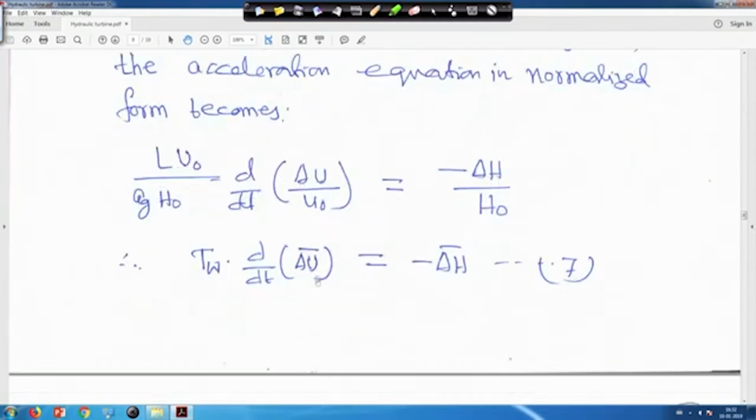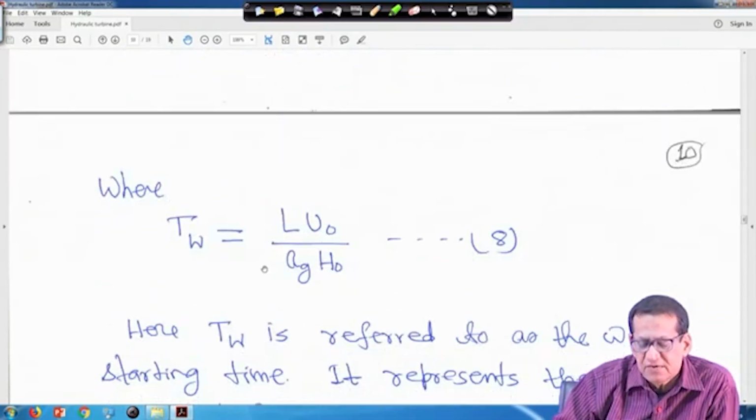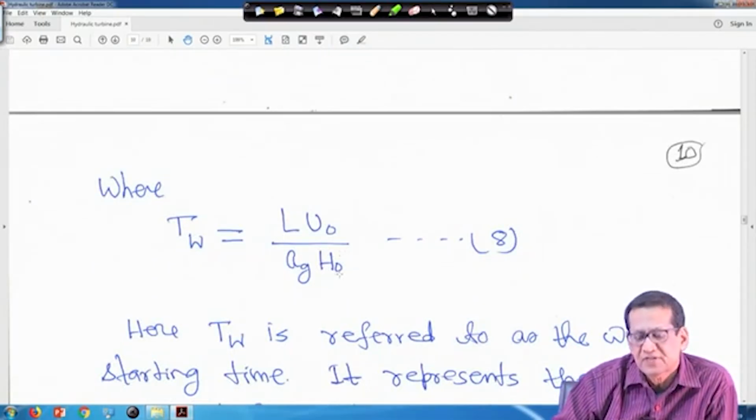Or we can write TW into d/dt of delta U bar is equal to minus delta H bar, where TW is equal to L U0 upon A g H0.